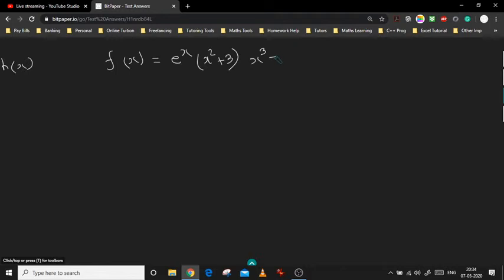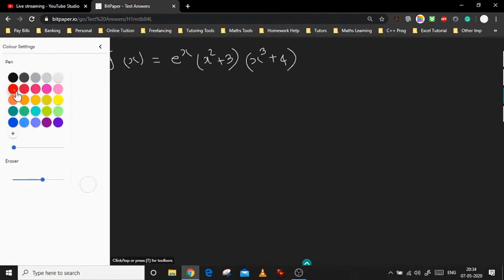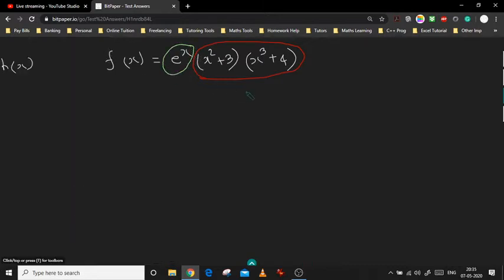So for a moment we can consider this product as one function and this one as another function. So basically we are reducing the product of three functions to just a product of two functions. Then we can apply the product rule.